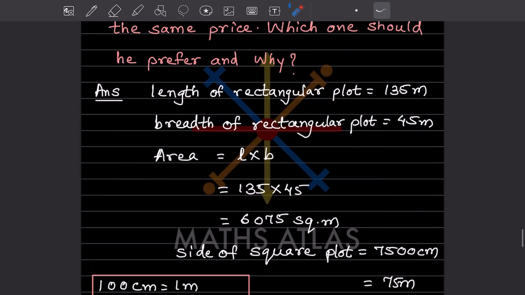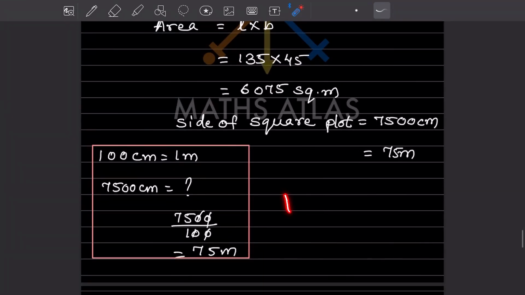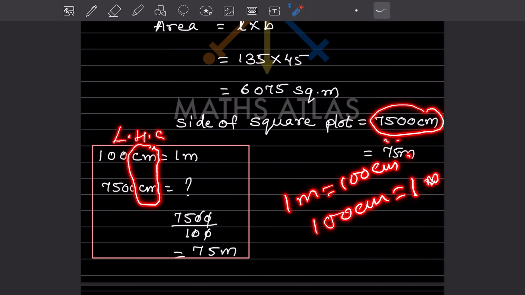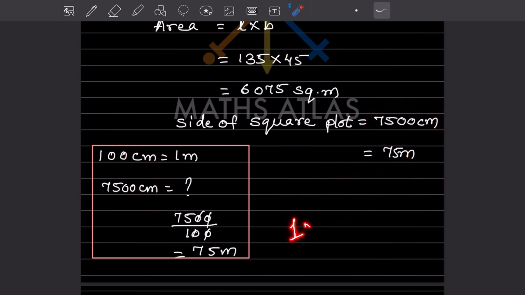Now see here, you can think. In the previous one, I wrote 1 meter is 100 centimeter. And here, why did I write 100 centimeter is equal to 1 meter? Anyways, you can write either way, but why? Because this was the convenience. It was easy because we want to convert this centimeter to meter. So can you see here, centimeter to meter? It becomes easy when you start from the left hand side. I'll show you both ways. If we are writing 1 meter is 100 centimeter, and this 7,500, I'm going to write it on this side.